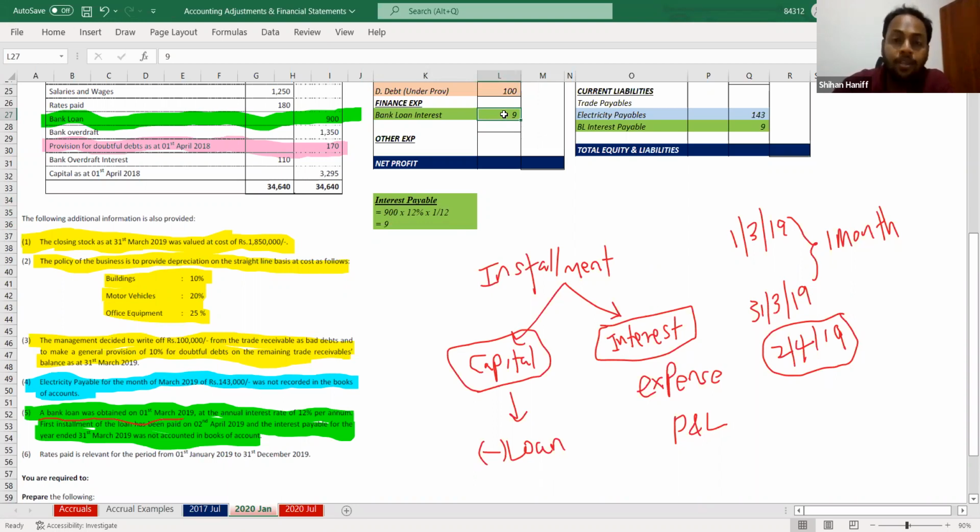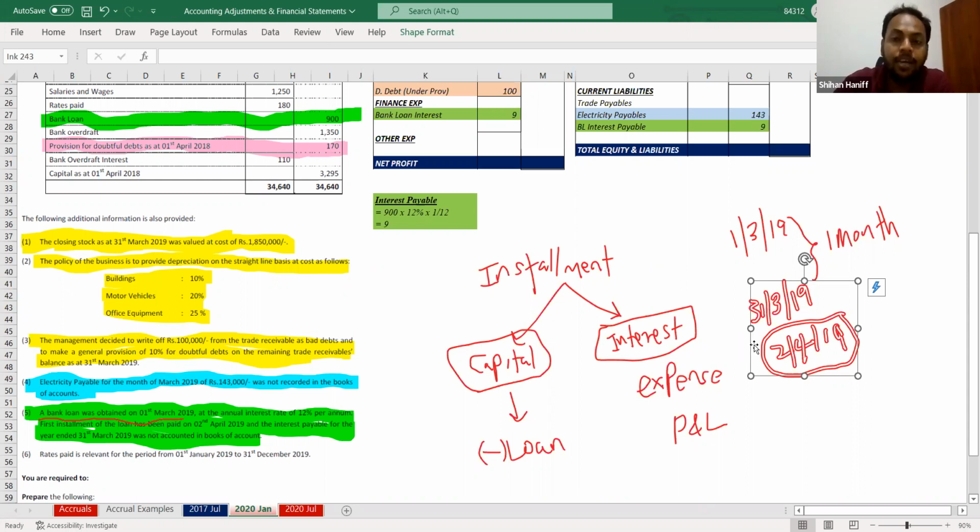Then you need to see whether there is any payment during the current financial year. Here there is no payment during the current financial period. The payment was done on 2nd of April, in the next financial year, and we prepare the financial statements on accrual basis, not cash basis.